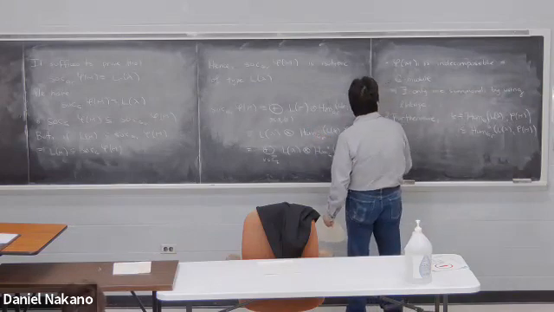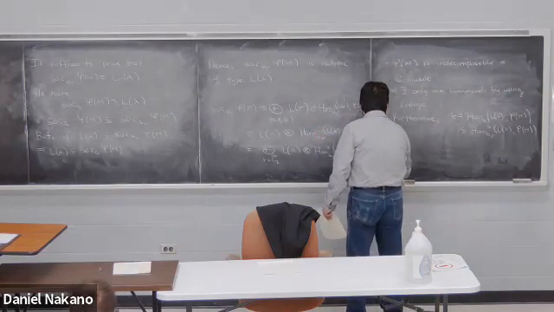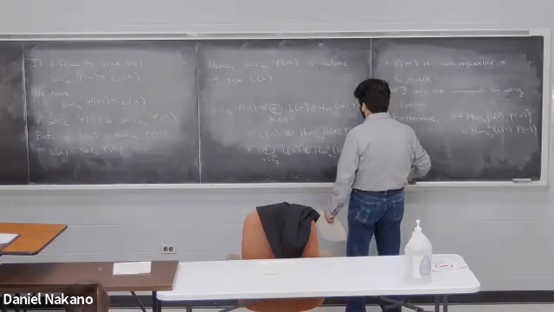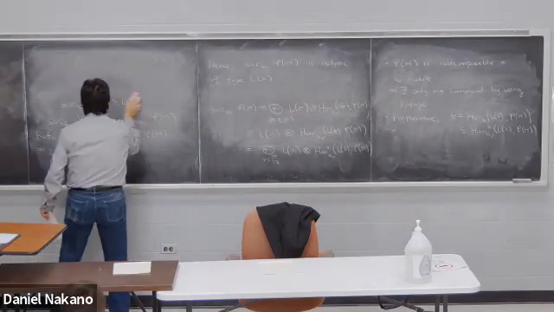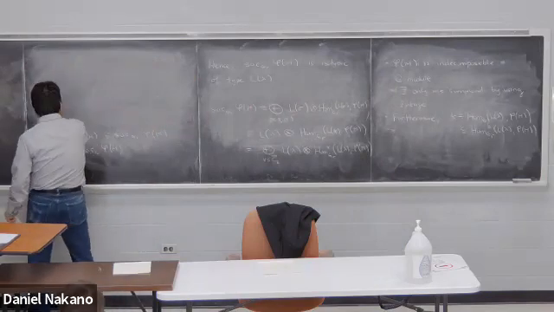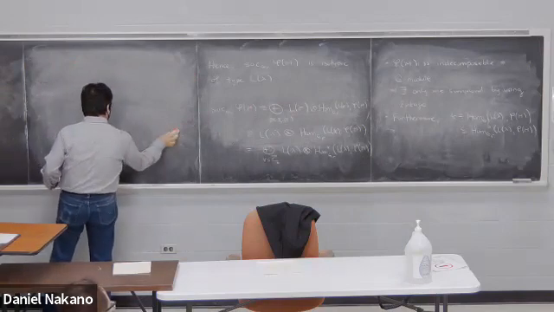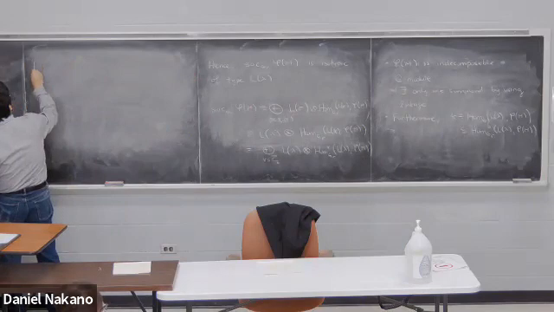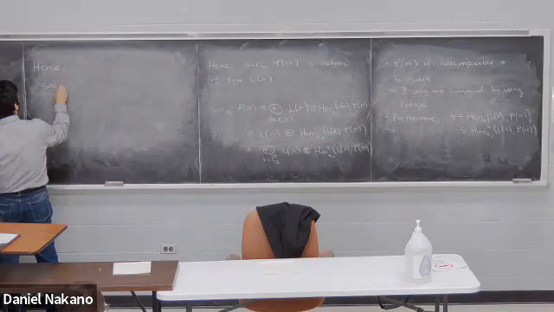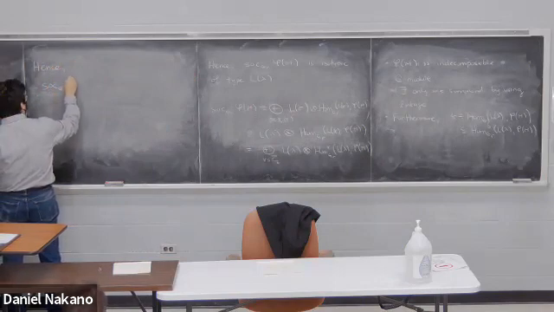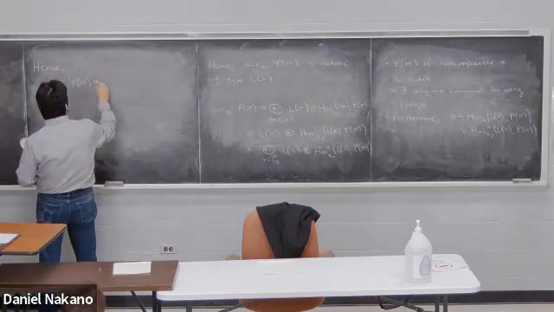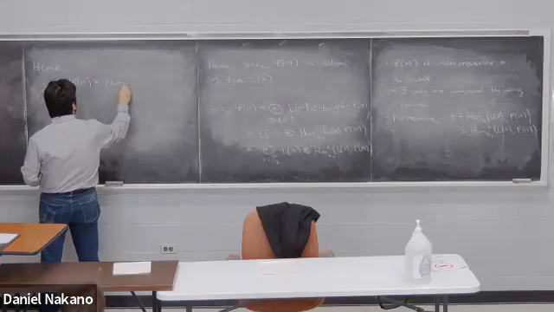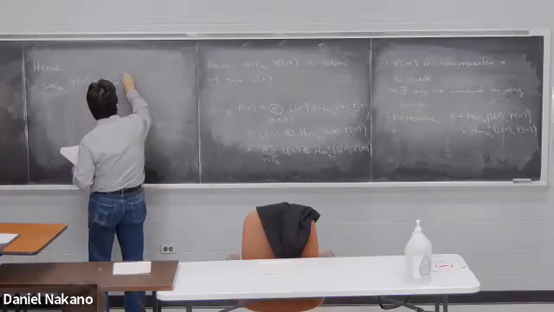So hence, from these two things, let me write it on the other side here. So the conclusion is that the GR socle of phi of M is equal to GR0.